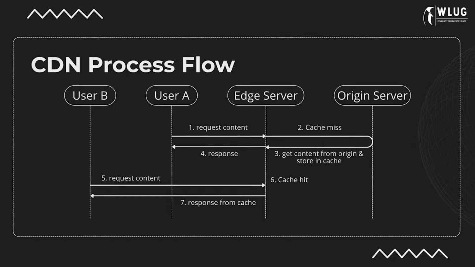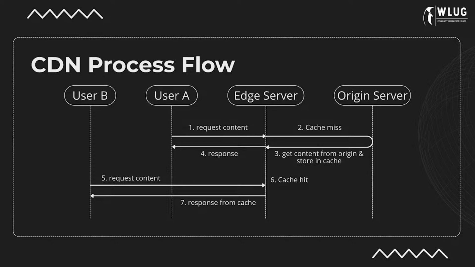When a cache miss occurs, the request is forwarded to the origin to get the content and store it in your cache. This depends on the headers, but if the headers allow it, it will be stored in the cache and the response will be fed back to the user.